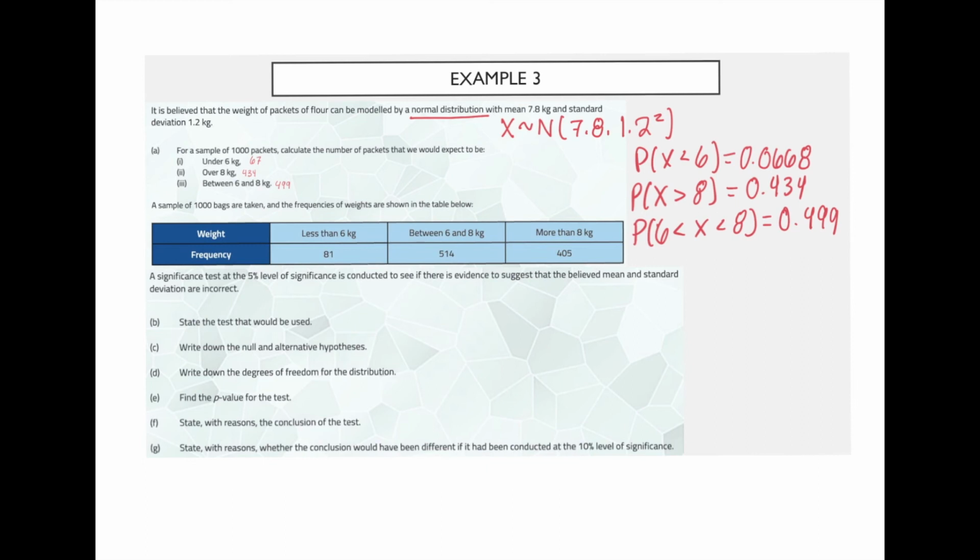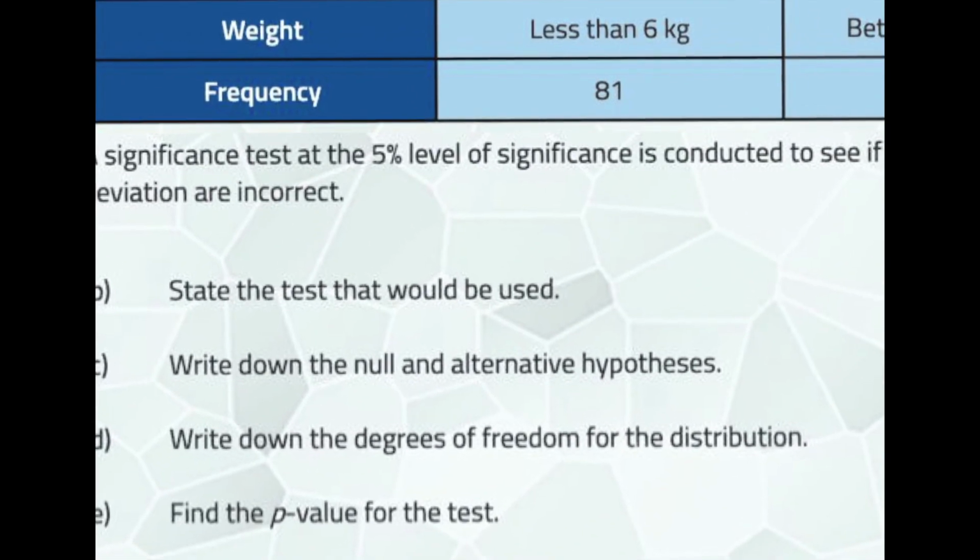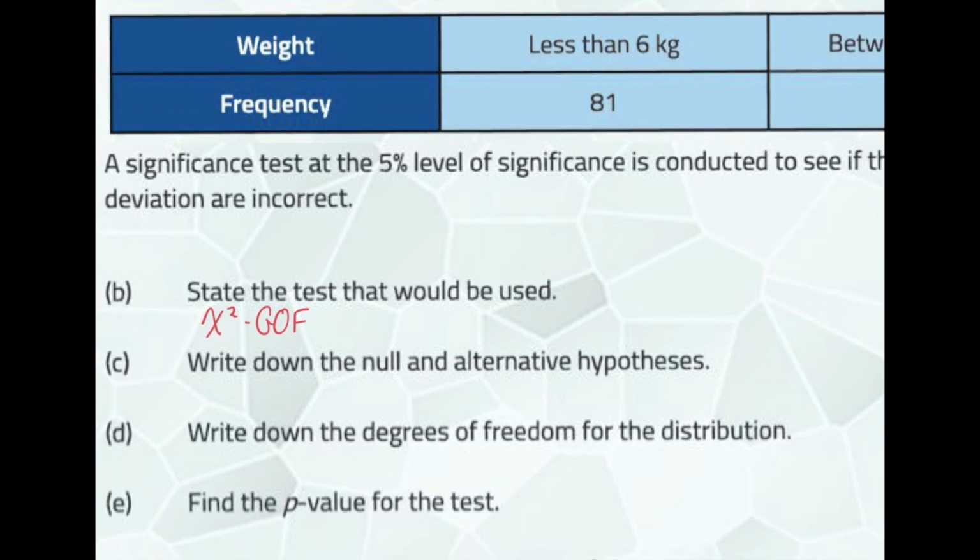State the test that we would use. Well, we want to show that a sample matches a normal distribution with a mean of 7.8 and standard deviation of 1.2. Since we're trying to show that it follows a distribution, we're going to be using a chi-squared goodness of fit test.